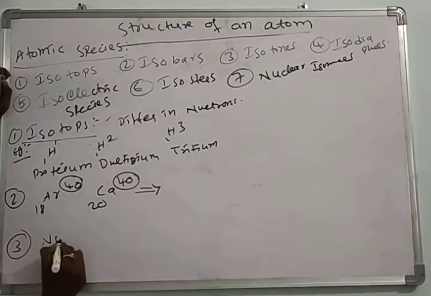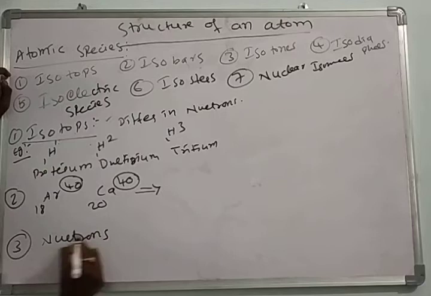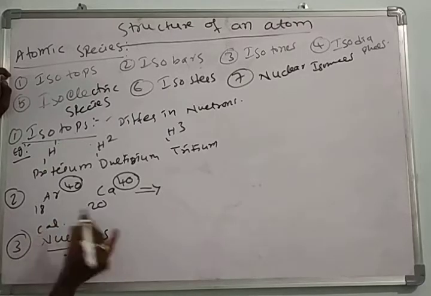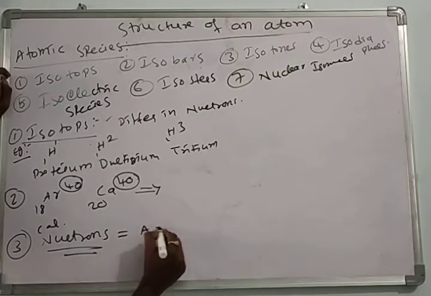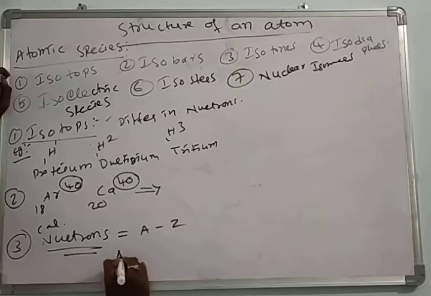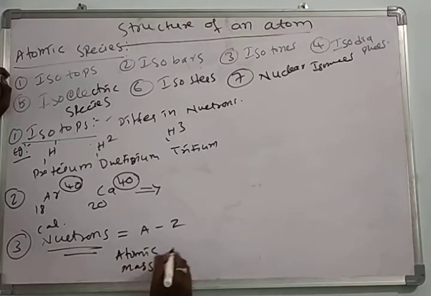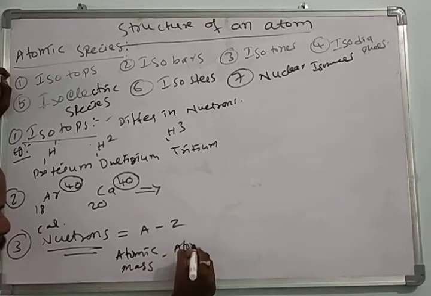How do you calculate the neutrons? Neutrons is equal to A minus Z, atomic mass minus atomic number. By using this principle, we have to calculate the neutrons.